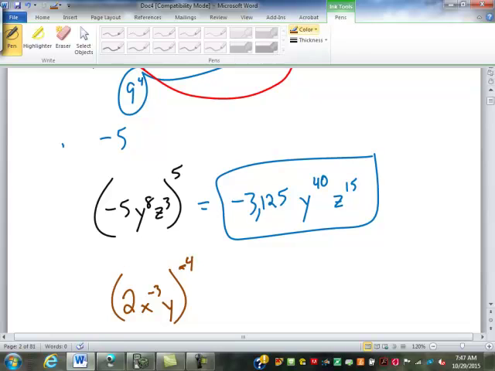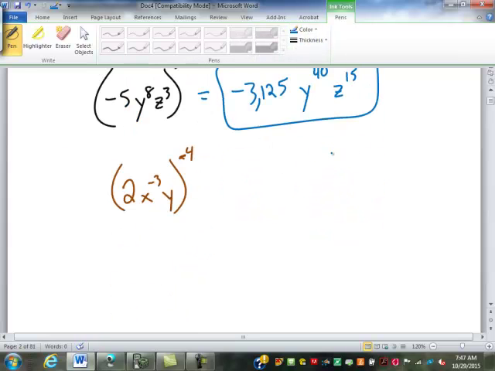And yes, that is to the power of -4. Well, what does it mean to have 2 to the power of -4? Do you remember what the negative power means? 2 to the power of -4 means the reciprocal of 2 to the 4th, or 1 over 2 to the power of 4. In other words, 1/16.